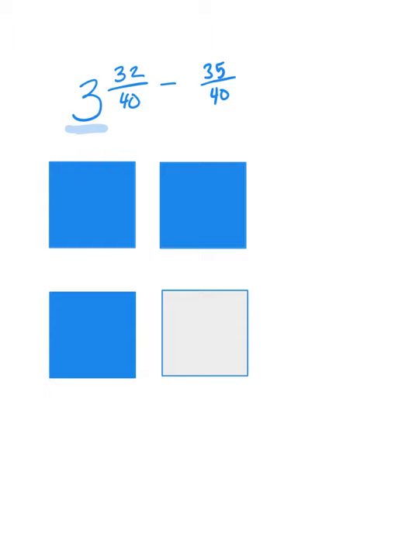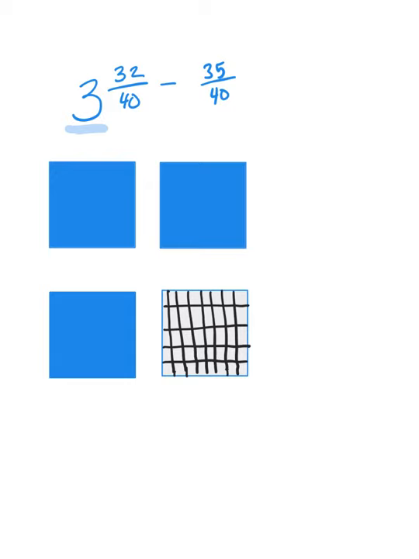And then I'm going to take this 4th one and I'm going to cut it into 40 equal pieces, which is kind of crazy. Okay, so that's what that looks like. Let me just make sure. 1, 2, 3, 4, 5, 6, 7, 8. 1, 2, 3, 4, 5. Yeah, that's 40 equal pieces.